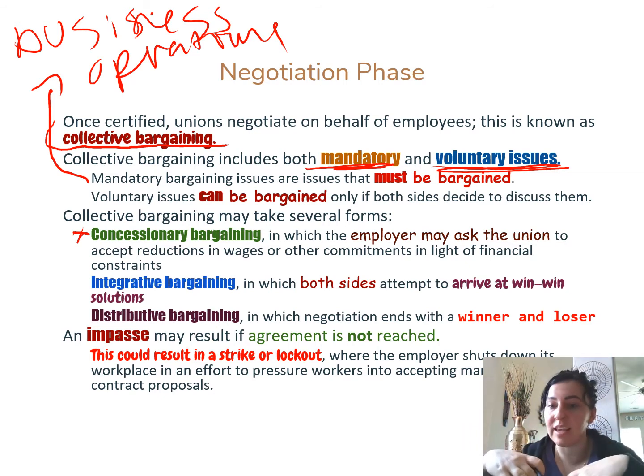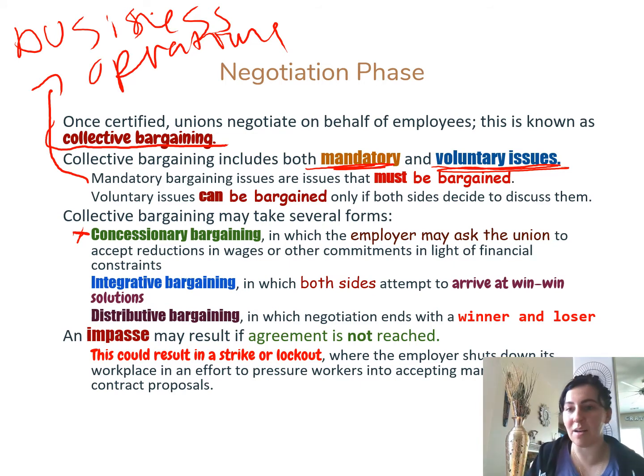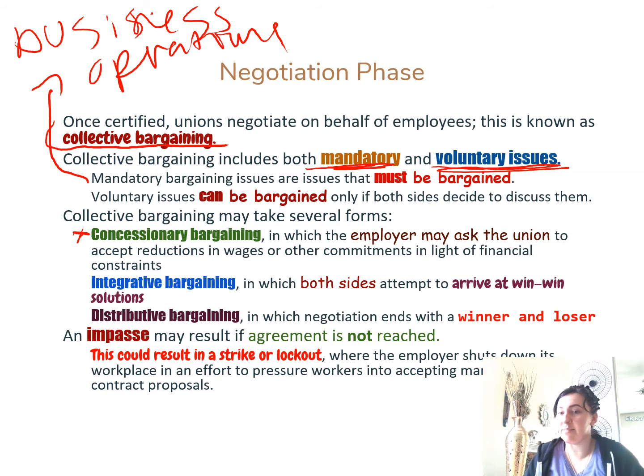They're not making as much money. Maybe it's a slow season, or maybe coronavirus happened. So the employer asks the union, look, times are hard. Will you accept lesser wages just to stay in business?